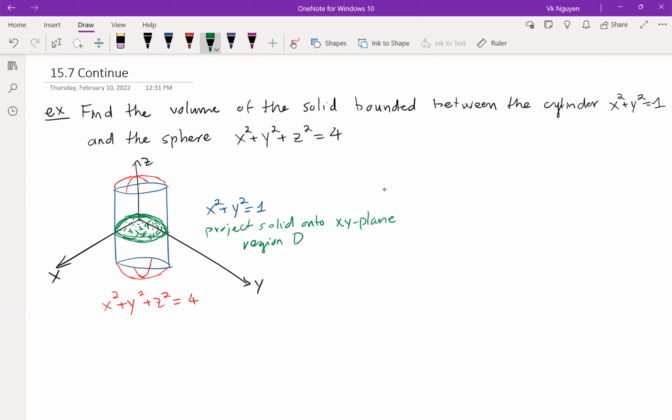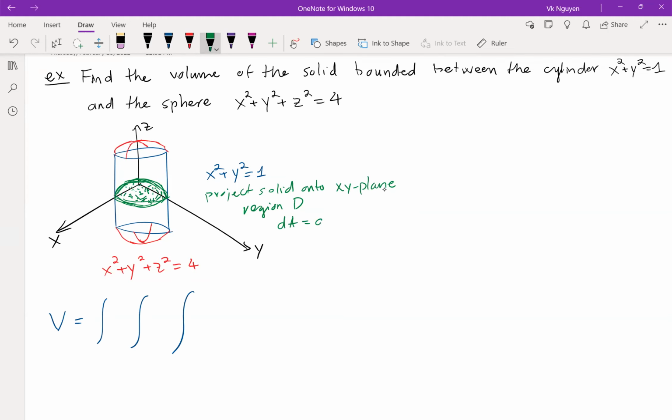Well, region D is a disk, so we can set this thing up. dA is dy dx. So x is going to be between, look at this one, x squared plus y squared equal 1. So there is just a circle of radius 1. So x is going to go between -1 and 1. And y is going between the lower circle and the upper circle.